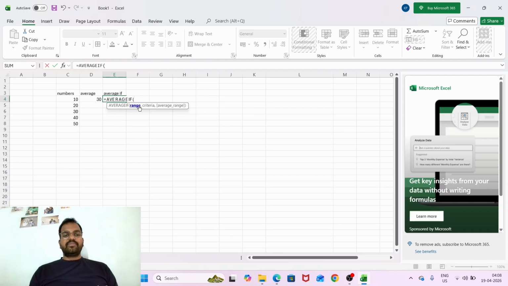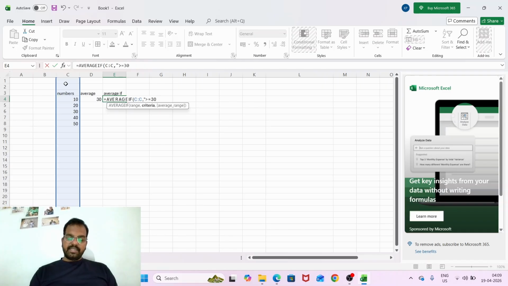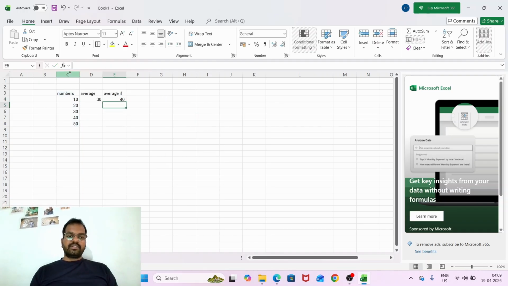First this is asking for the range, which is our criteria range. The criteria is numbers greater than or equal to 30. Then the average range. I want the average of these numbers, so take this range again and close it. We'll get 40 here. So I hope average is very simple here.